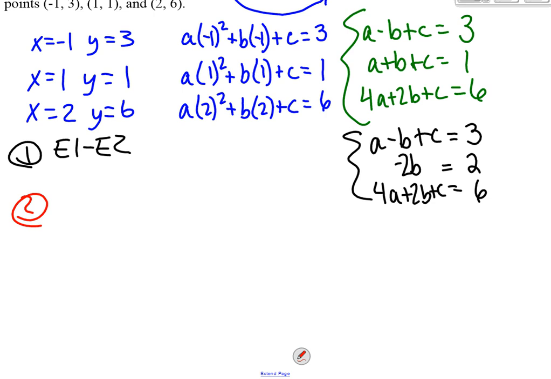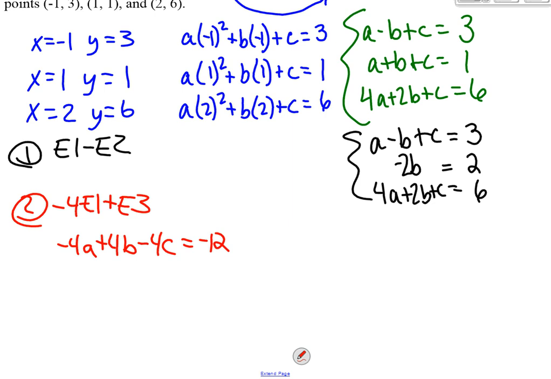How can I get rid of that 4a? What am I going to multiply this by and then add? Negative 4E1 plus E3. And that one I'll just do over on the side here. So I get negative 4a plus 4b minus 4c equals negative 12.